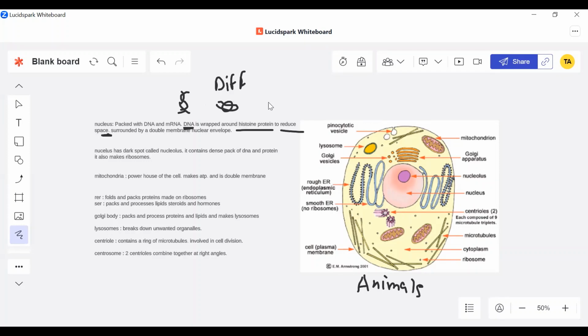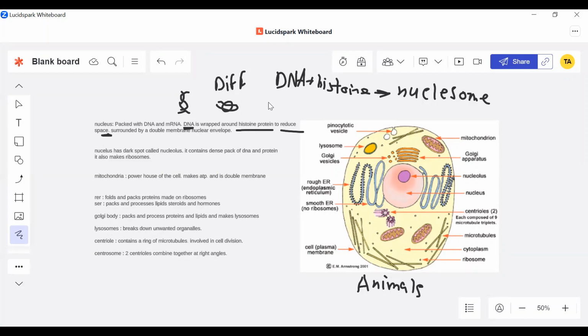So DNA would combine with histone protein to reduce space. All right. And when these two combine, I call this a nucleosome. In simple terms, DNA plus histone gives you a nucleosome. And I'll talk about nucleosome later on, but for now, you need to know what a nucleosome is.